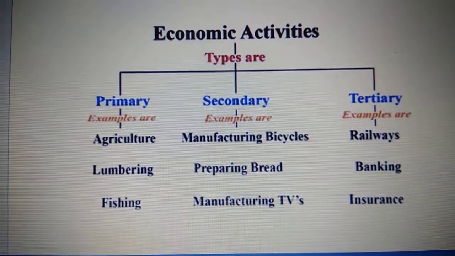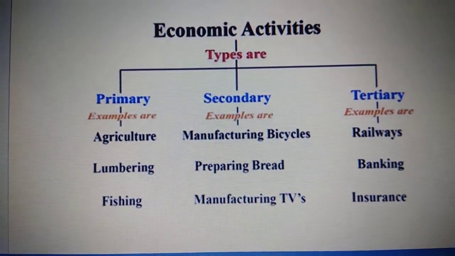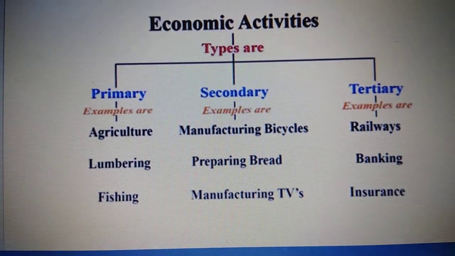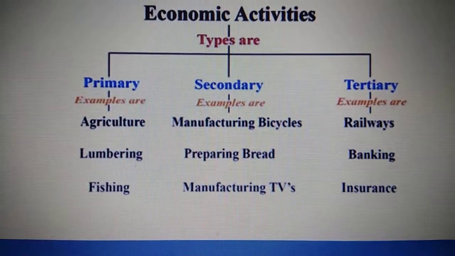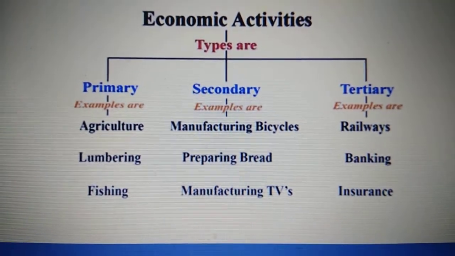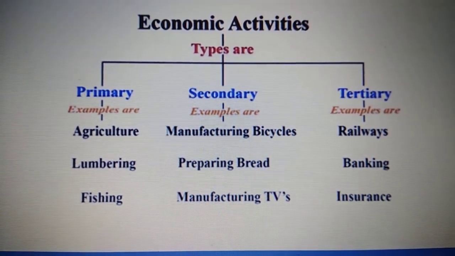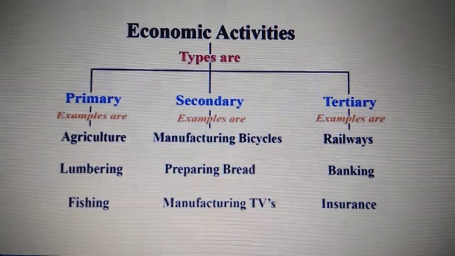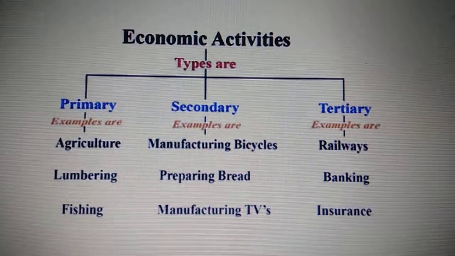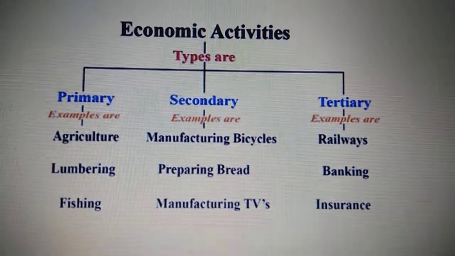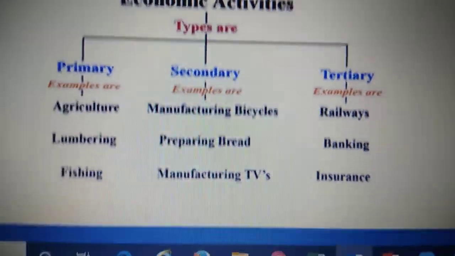Even extraction of iron ore from the earth is also a primary activity. Secondary activity examples are manufacturing bicycles, preparing bread, TV, manufacturing steel. And tertiary involves railways, banking, insurance, advertising, transport, trade. All these come under tertiary activity.